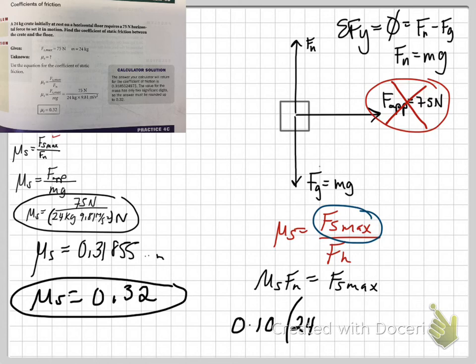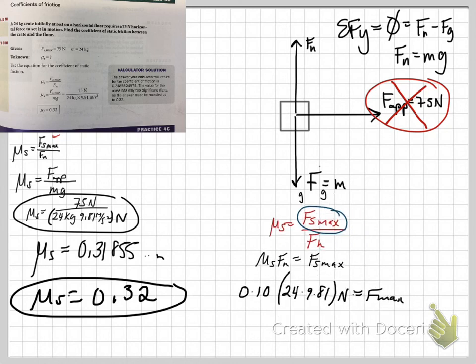We haven't changed the mass of the box. So what do we have? It would only take 23.5 newtons of force to get the box moving.